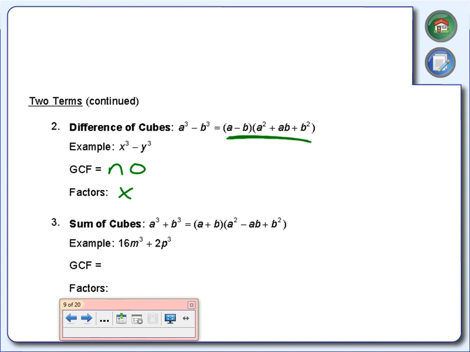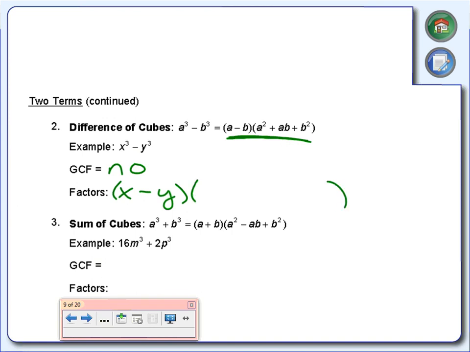The cube root of y to the third is y, because y times y times y is y to the third power. Notice that it is a minus sign inside that binomial. It's always going to be the same sign as what we have right here. That's why they call it difference of cubes. So there's our binomial.